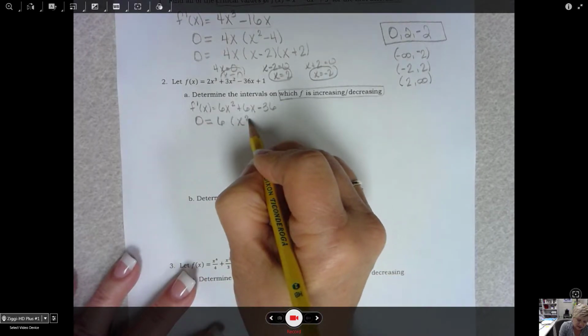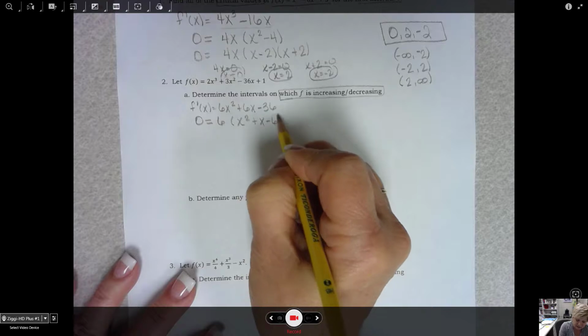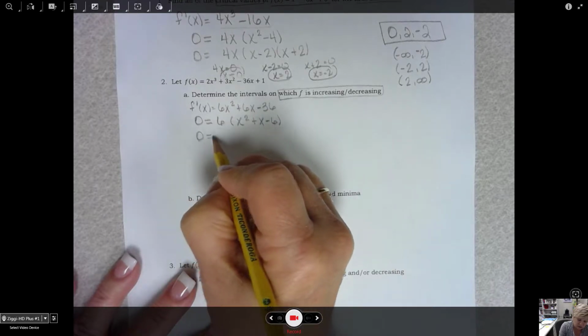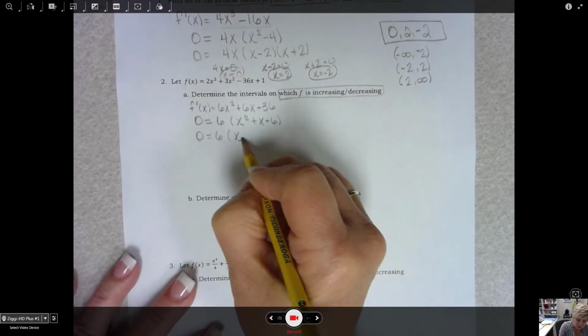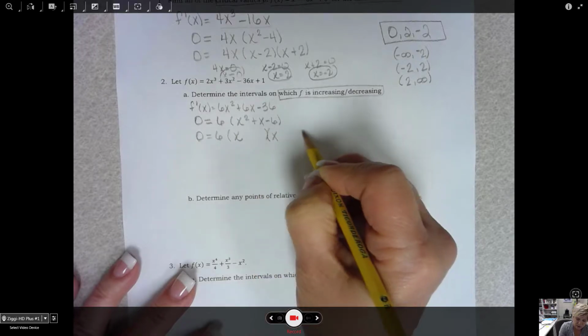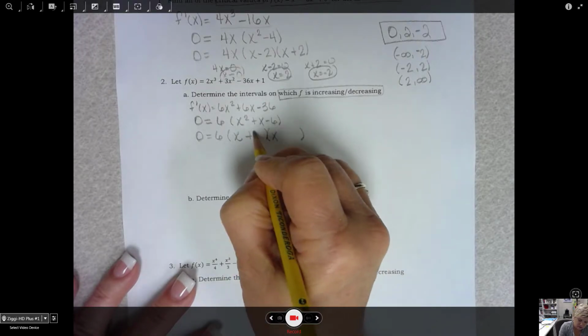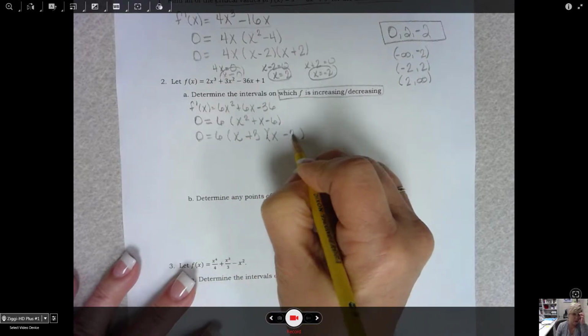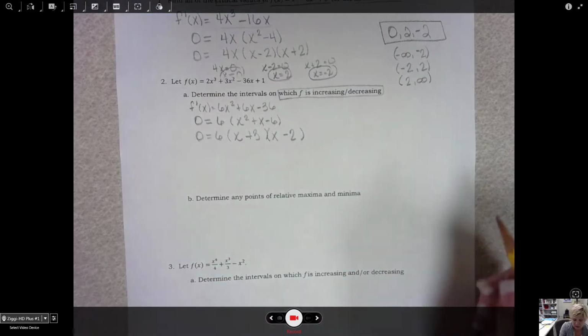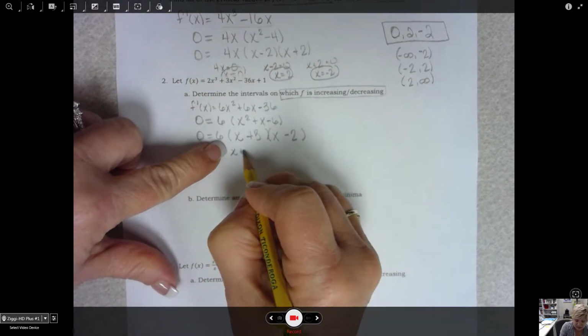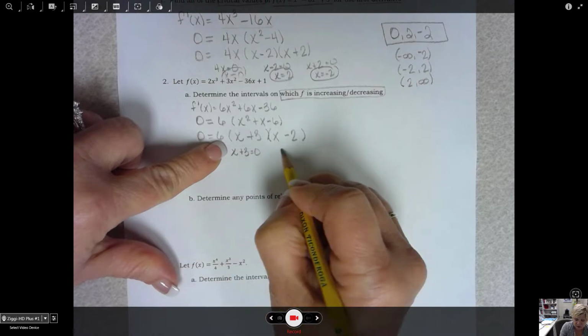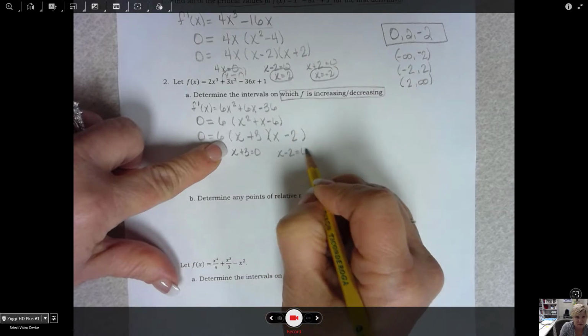In this particular case, my GCF is a 6. We need x to the first power, not x squared. So we end up with setting x plus 3 equal to 0 and x minus 2 equal to 0.